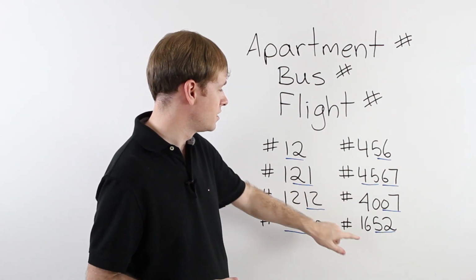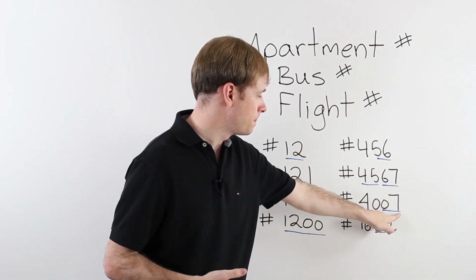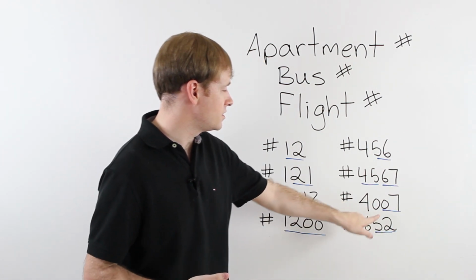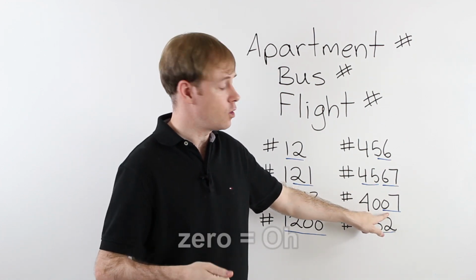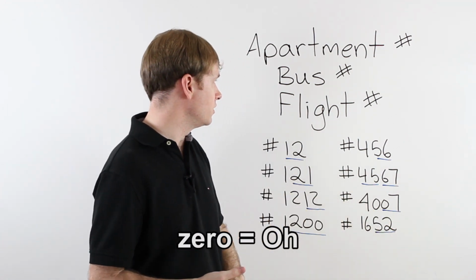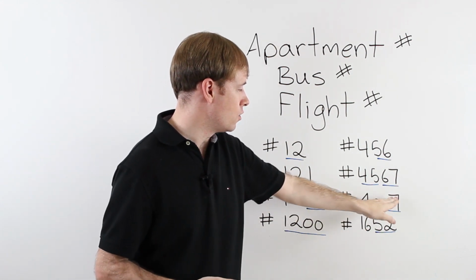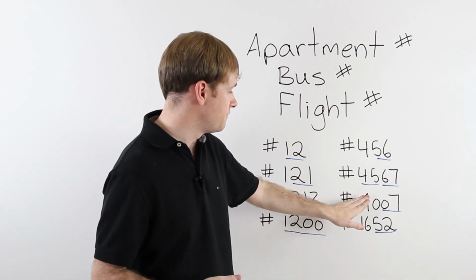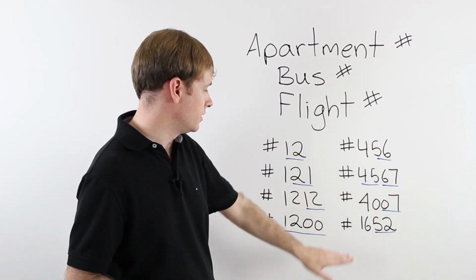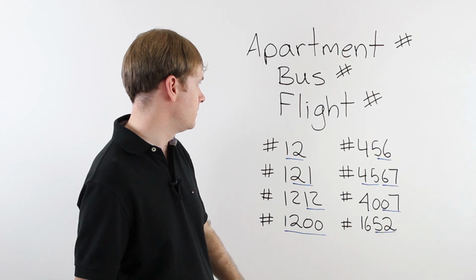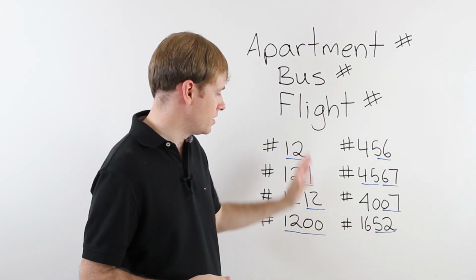The next, the last two numbers are 0, 7. So instead of 0, more commonly we're going to say oh-seven. So if I said apartment number forty oh-seven, 4007.